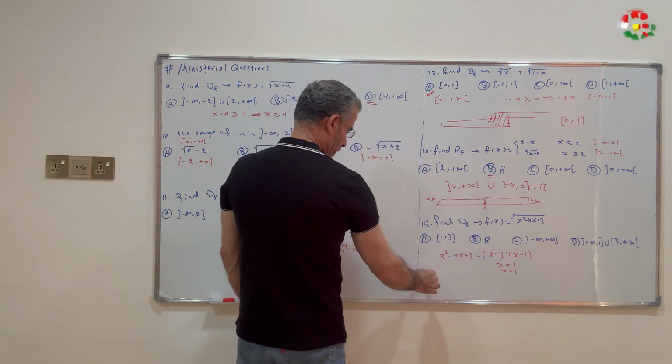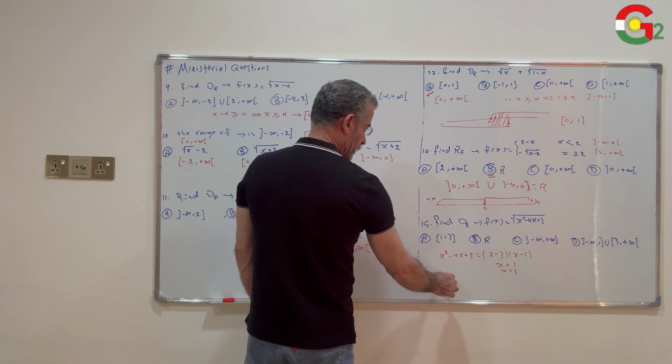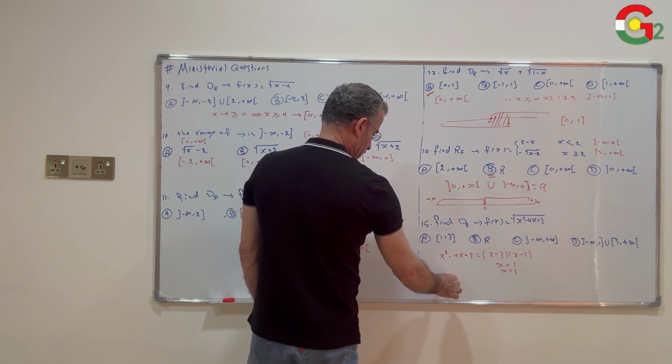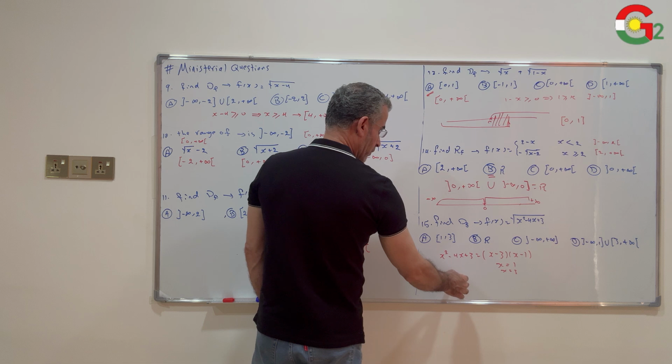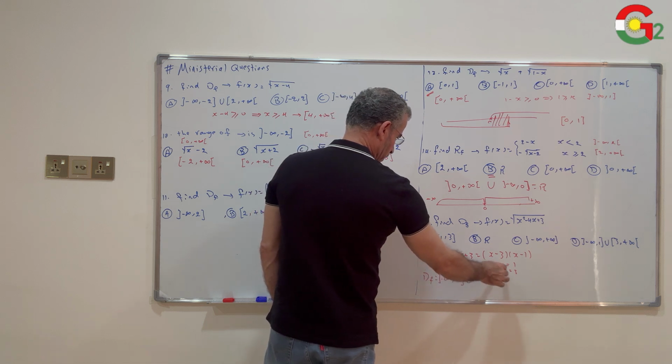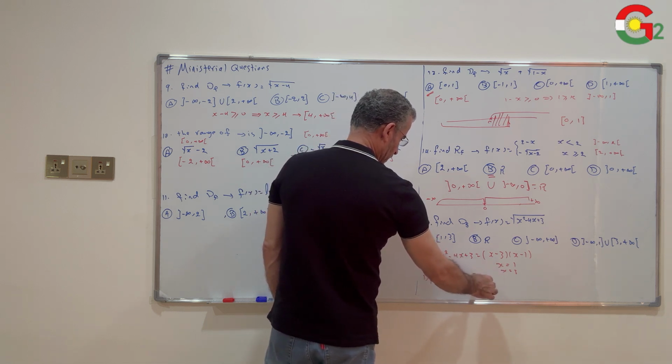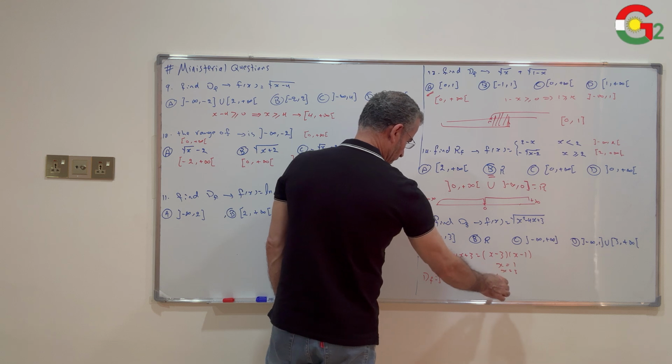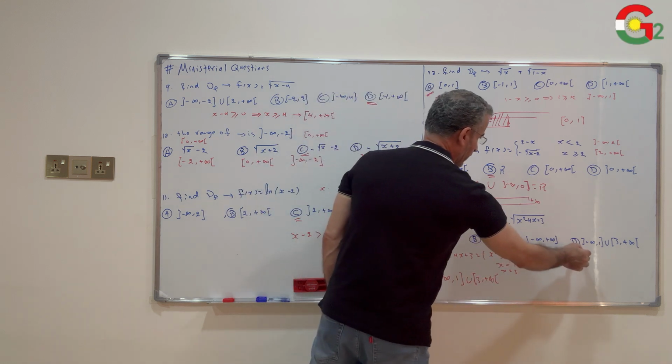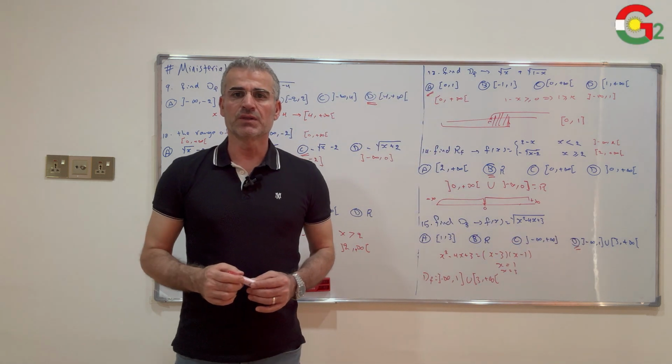Then the domain of this function is negative infinity to the minimum value of x, 1, union the maximum value of x, 3, to positive infinity. Then choice number D is the right choice.